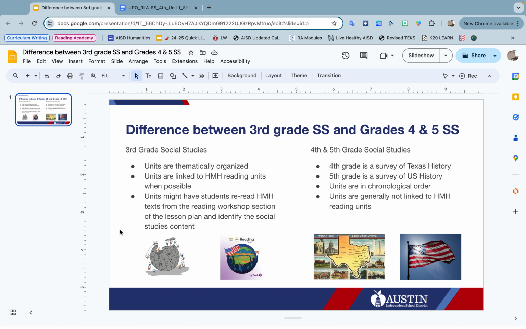On occasion, I've tried to include some of the reading skills into the social studies lessons, but thematically they are not linked. So I wanted to point that out before we get into this 4th grade unit, because the 4th grade unit and the 5th grade units are going to look similar, but they're going to look a little different from the 3rd grade.